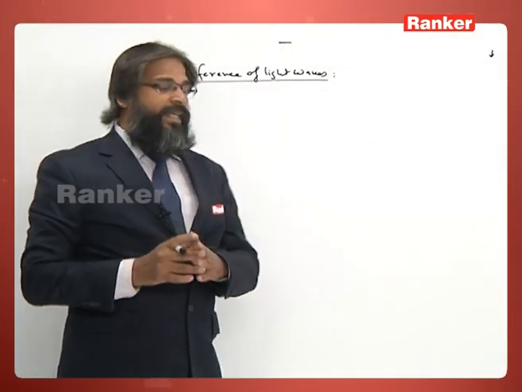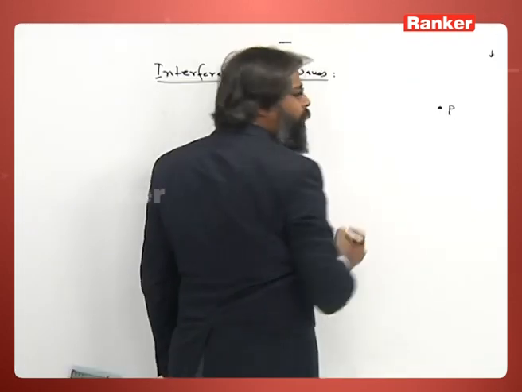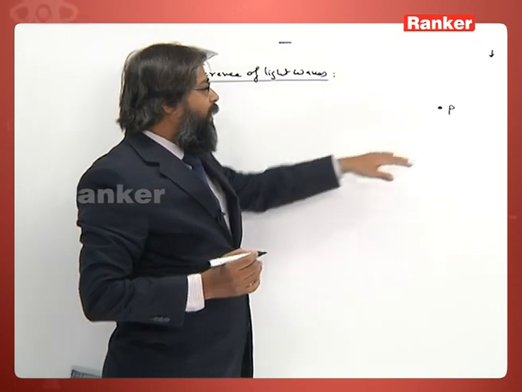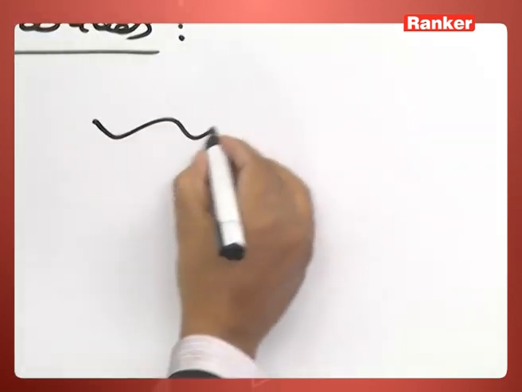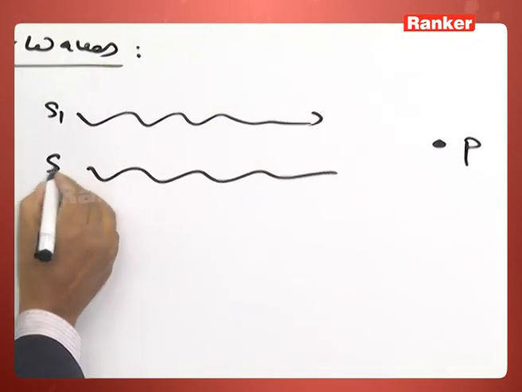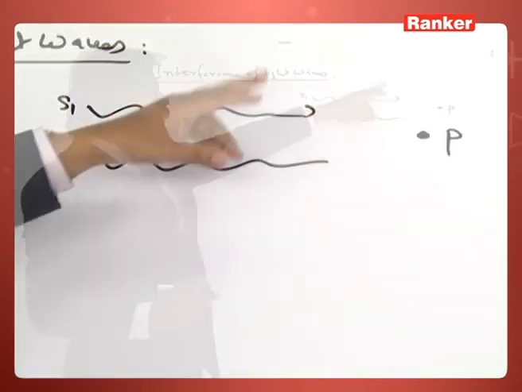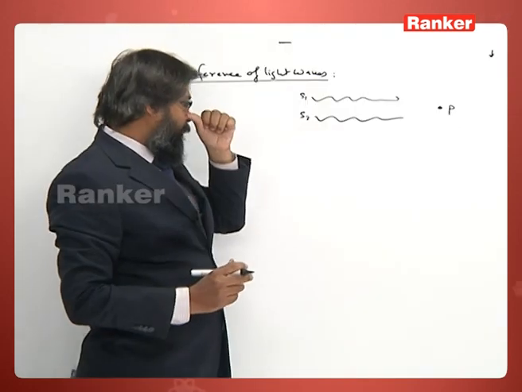Now, suppose this is a location P where we are interested in seeing how these two light waves arriving from two sources S1 and S2 superimpose and create redistribution of energy, that is interference pattern.